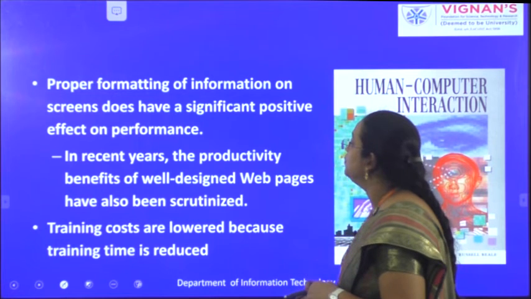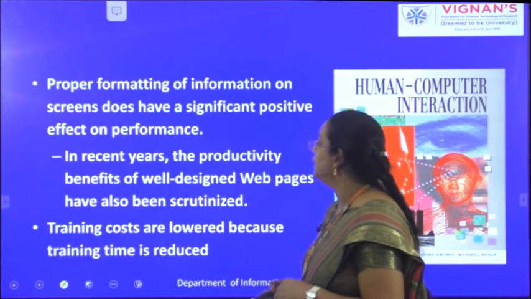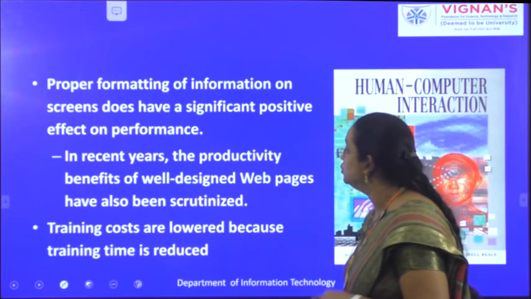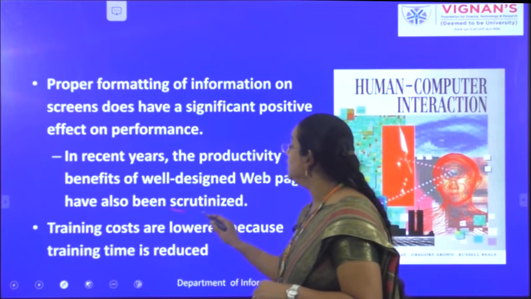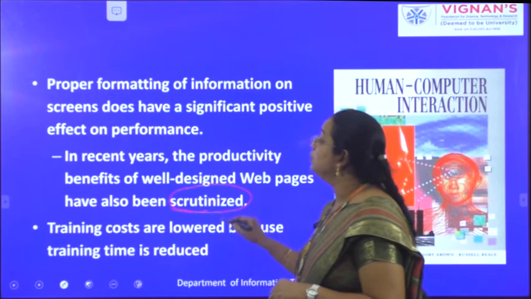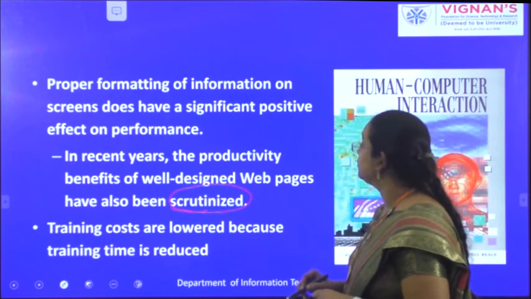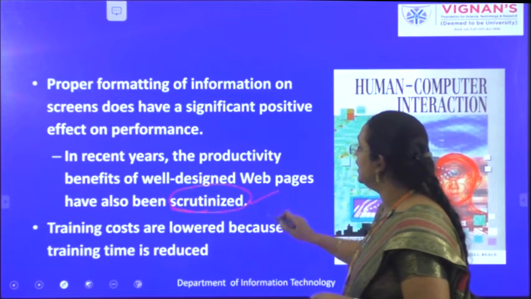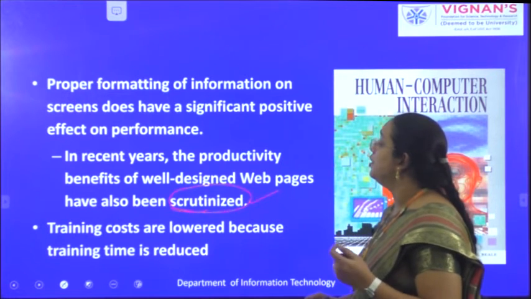In recent years, the productivity benefits of well-designed web pages have also been scrutinized. Nowadays, we are going to scrutinize well-designed web pages.